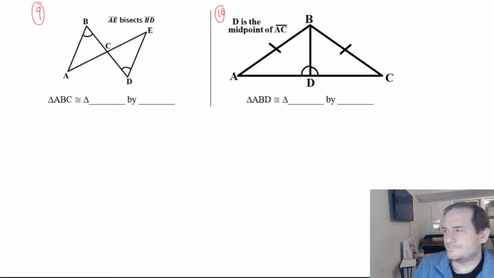So looking at 9, you've got 1 pair of congruent parts just given right to you, so you can use those angles. Then it says AE bisects BD. So if AE is bisecting segment BD, then segment BD is the one getting chopped up. So BC would be congruent to DC. Then lastly, I see a pair of vertical angles.